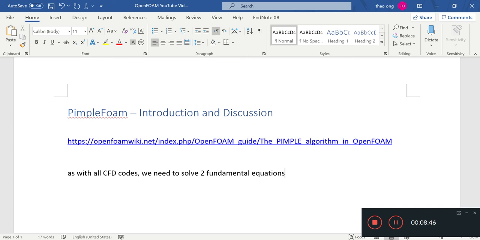One is the momentum equations. Two is the mass conservation.